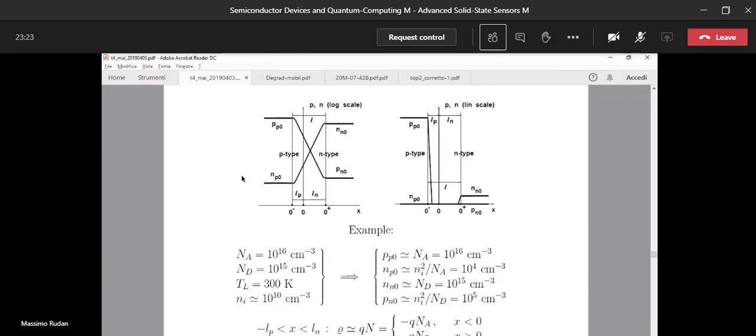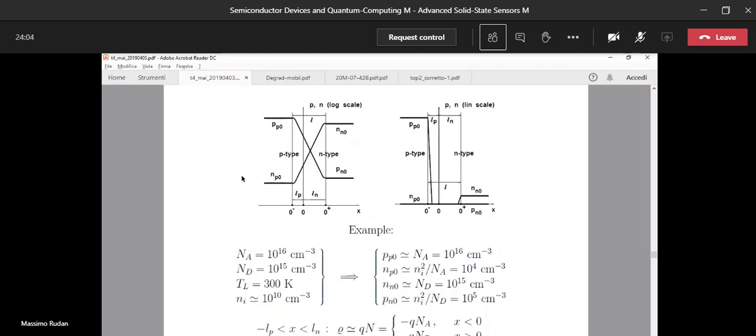But then you enter the space charge region in which the concentration of the holes must go from the values on the left, that is majority carriers PP0, to the value on the right, that is minority carriers PN0. So they have to decrease by 11 orders of magnitude, okay? Holes must decrease very much. And this decrease occurs almost immediately when you enter the space charge region.